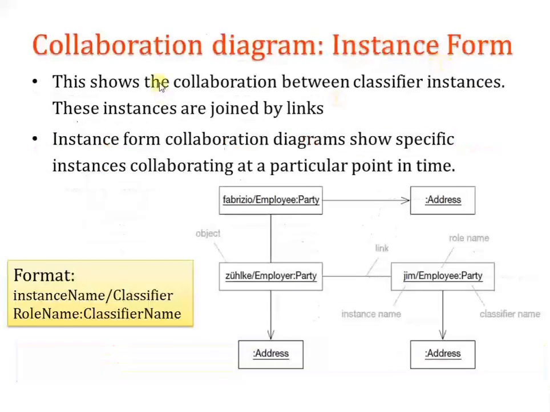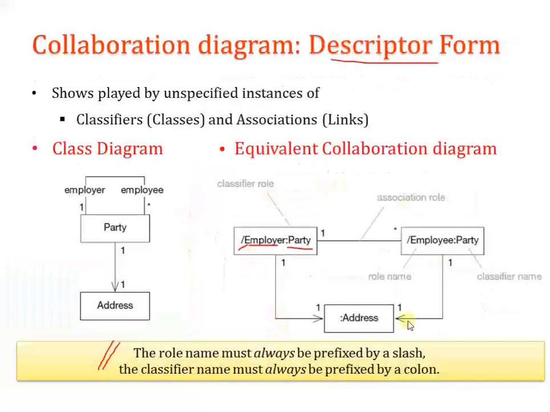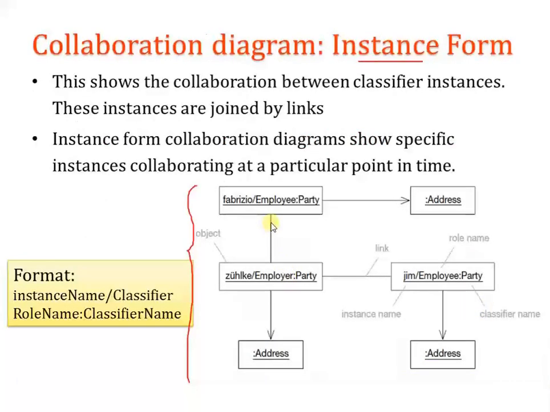The next one is the collaboration diagram in instance form. Now you can see the same diagram which we discussed in the previous slide, represented in object perspective. The previous diagram was in class perspective, but this one is in object perspective. So you can see here, apart from the role which is called employee, we also represent the name of the employee.